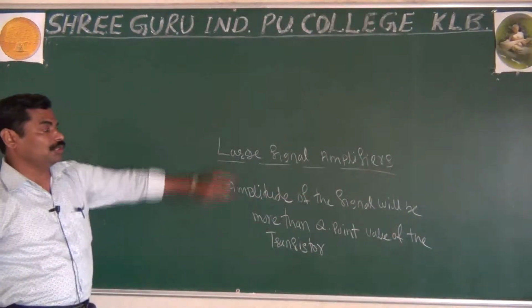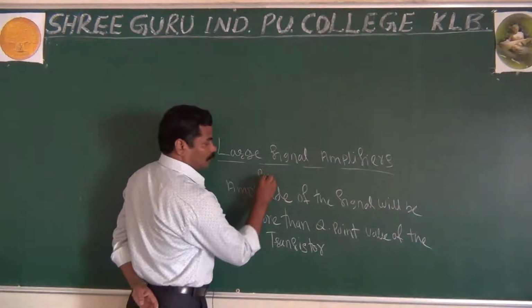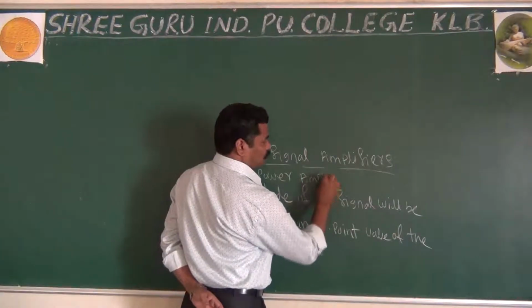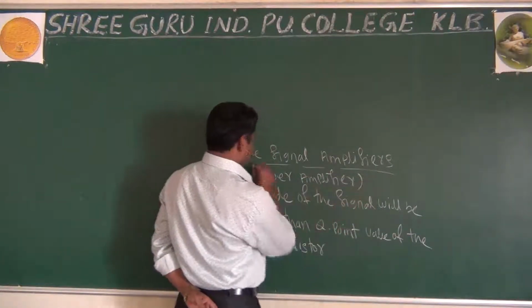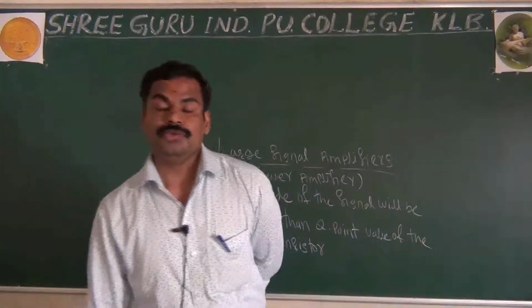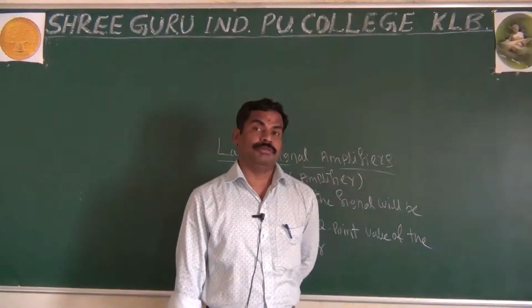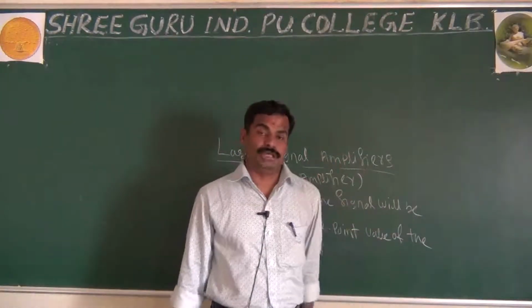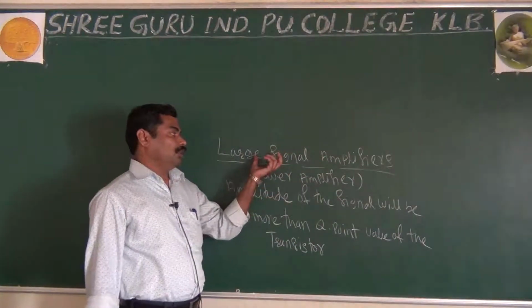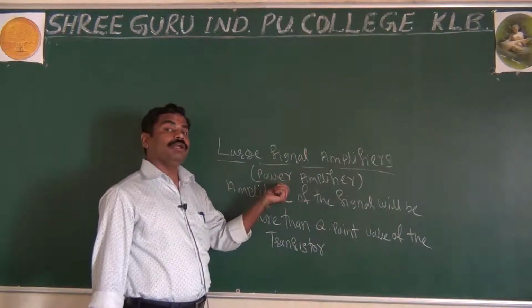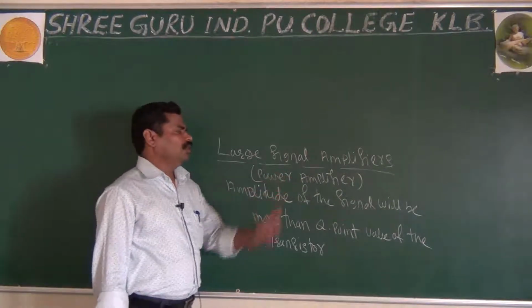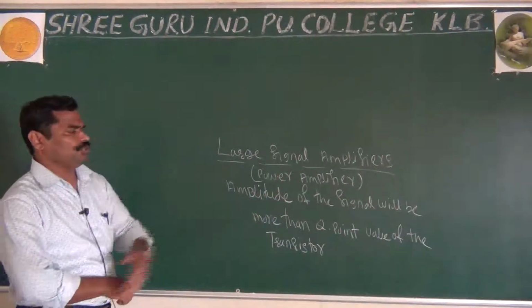This large signal amplifier is also called a power amplifier. It means here you are increasing the power level of the signal. In a small signal amplifier you are increasing the voltage level of the input signal, but in large signal amplifiers you are increasing the power level of the input signal. And you may ask the question, sir, how are you increasing the power?